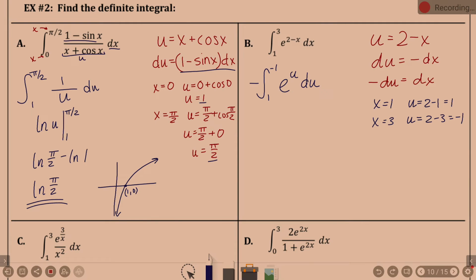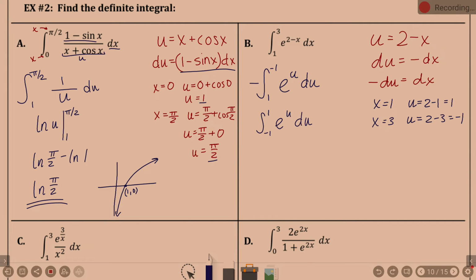Okay. Now, you have a choice. You can leave that negative out front, and you can work this as is, plugging in negative 1, minus, and then plugging in 1. Or, that's a lot of negatives involved. So, if we switch the boundaries, that means you multiply by a negative, except it's already negative, so it just becomes positive.